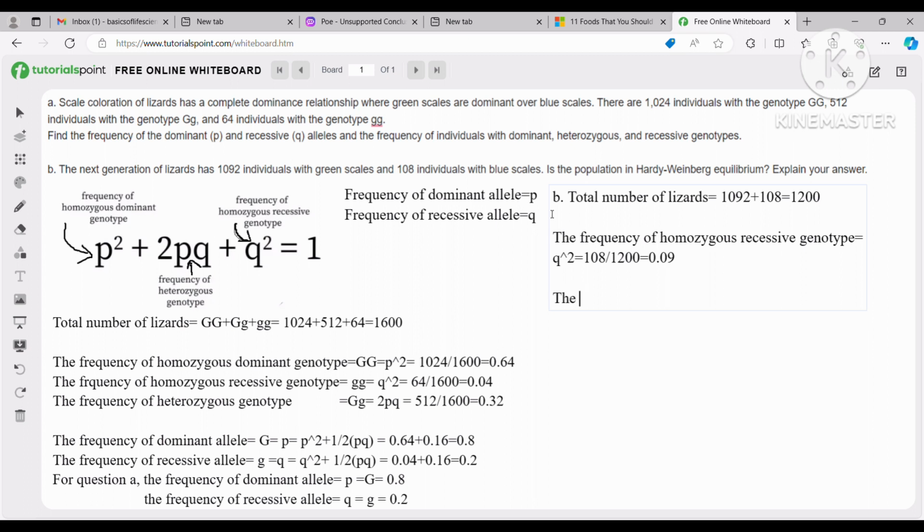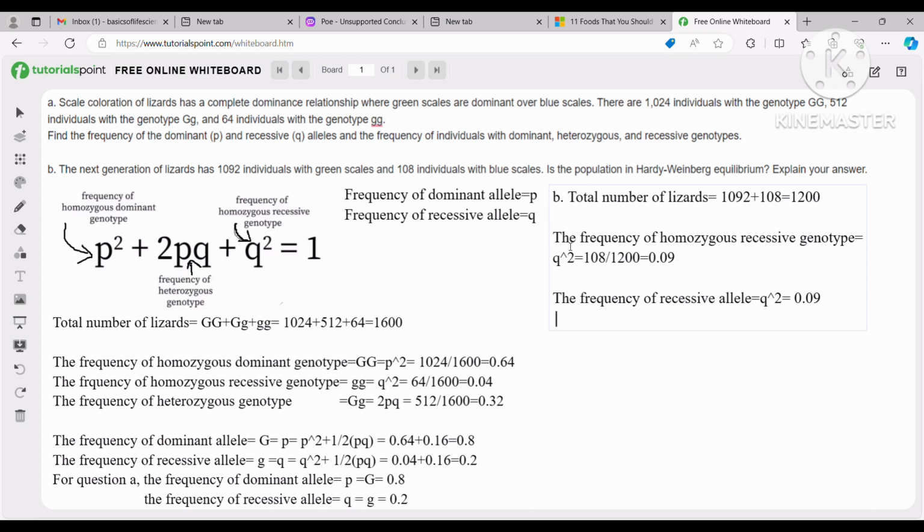In order to calculate that, first we will go with the frequency of the homozygous recessive genotype. Now 108 divided by 1200, you will get 0.09. So 0.09 is the frequency of the homozygous recessive genotype.